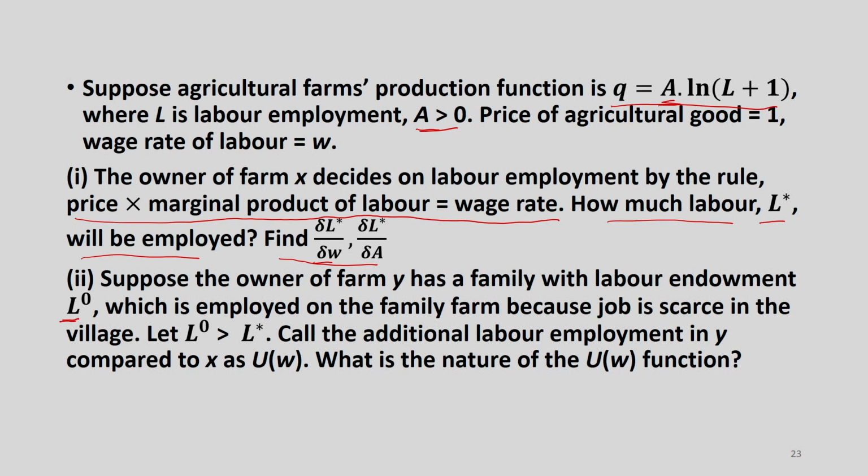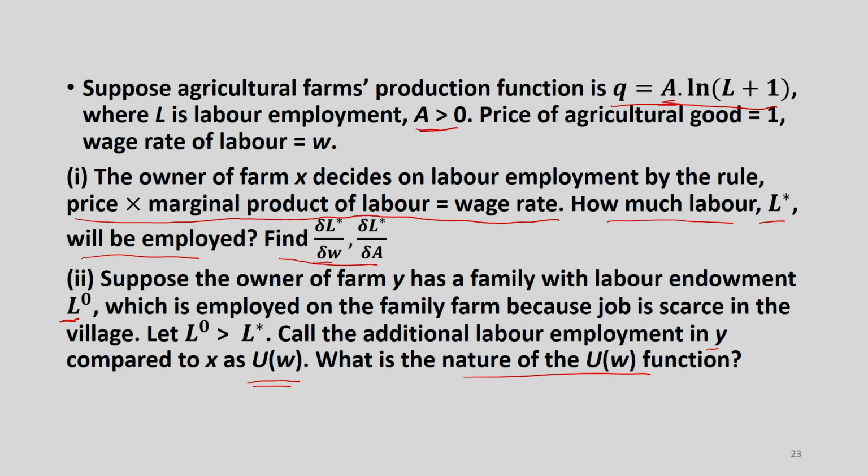Call the additional labor employment in Y compared to X as U, and U is a function of w, as we shall see. What we need to answer is what is the nature of the U(w) function. So, this is the second part. We have to find out the nature of this U function.